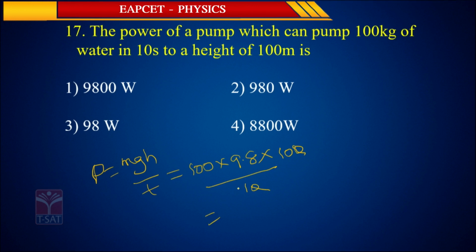Here 100 has 2 zeros, and 10 has 1 zero. So 1000 into 9.8, that is 98 into 10 to the power minus 1. Therefore 98 into 1000 means 10 cube minus 1, 10 to the power 2, that is 10 square, which means 100. That is 9800, the answer.